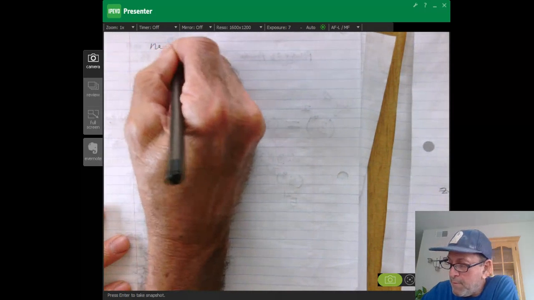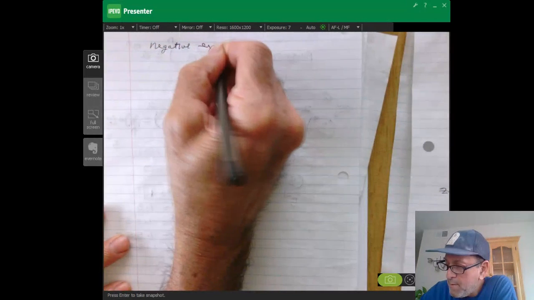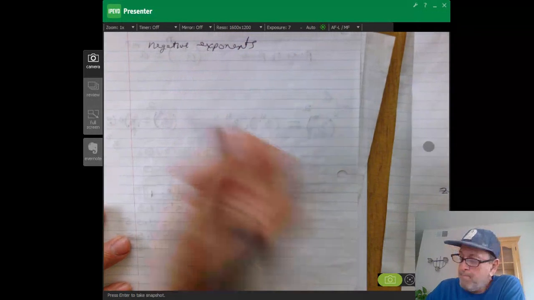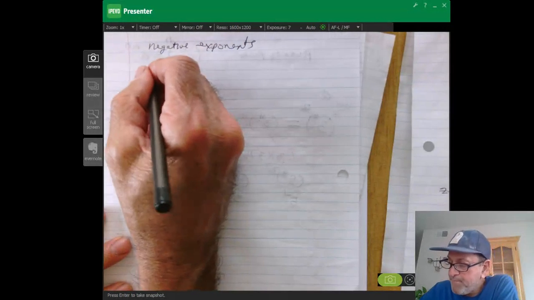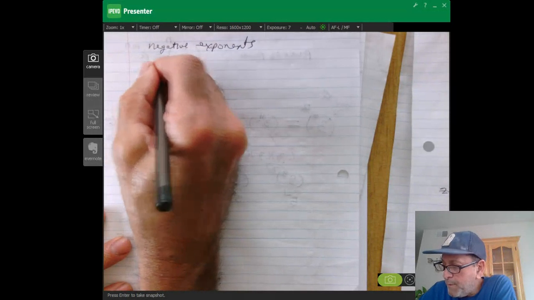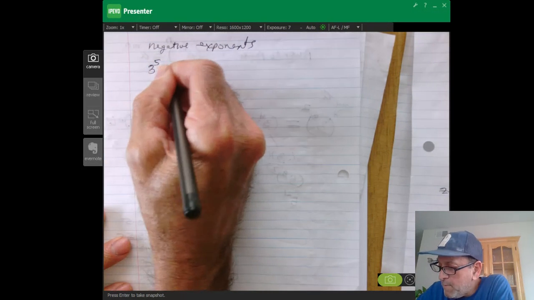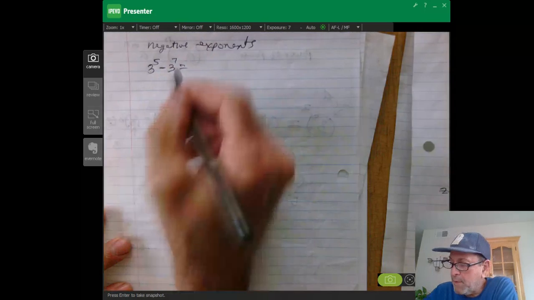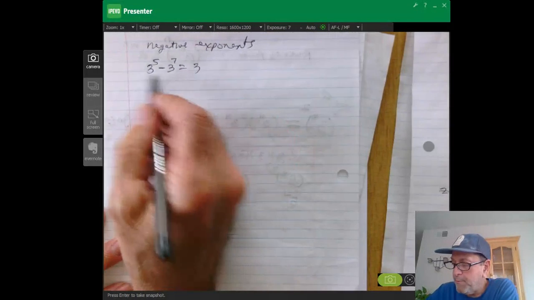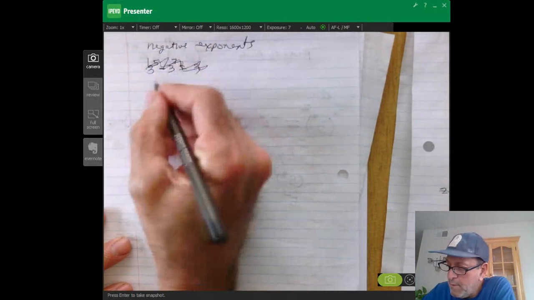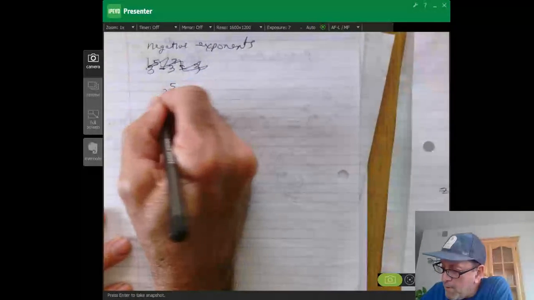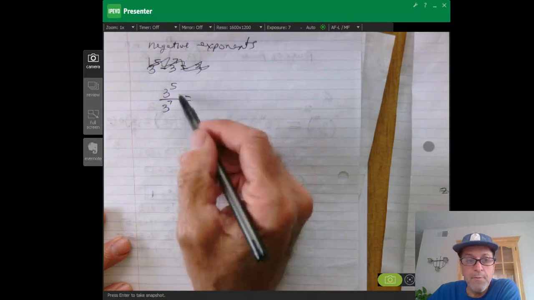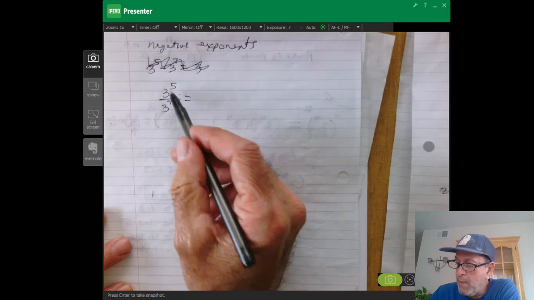Now for negative exponents, let's take a look at this. We know 3 to the 5th power, I'm sorry, 3 to the 5th power divided by 3 to the 7th power. So we're going to be dividing here.